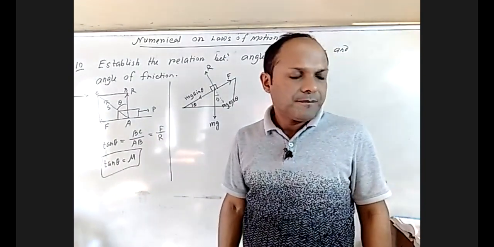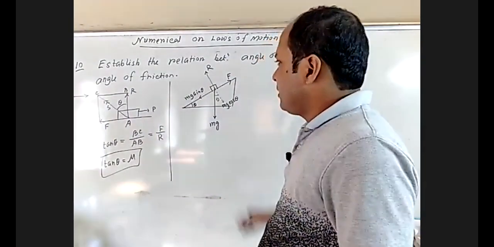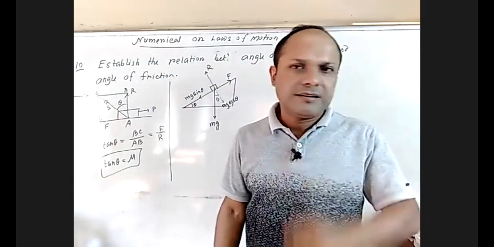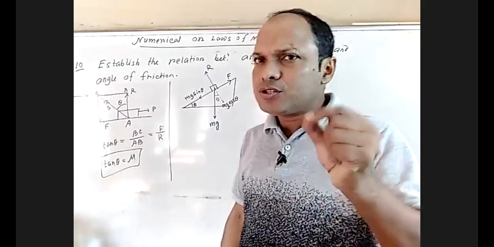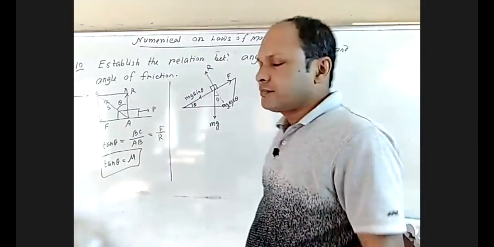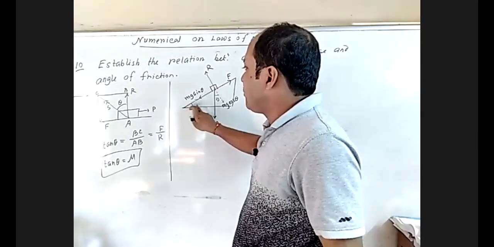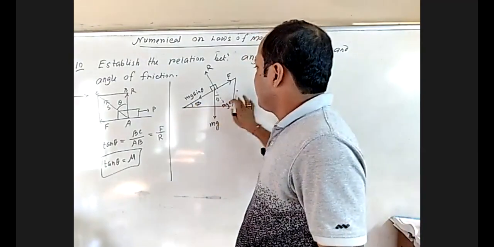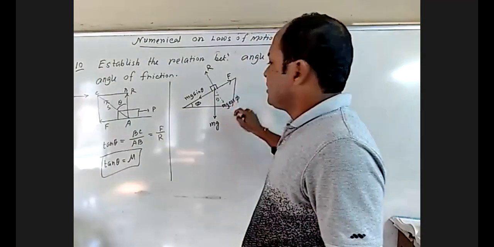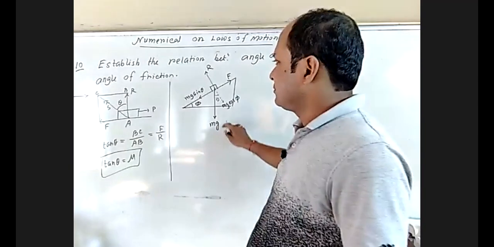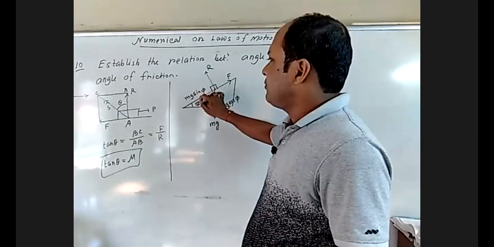Am I clear? Now, in equilibrium, what should I write? Who can tell me? This angle is actually the angle of repose, phi.